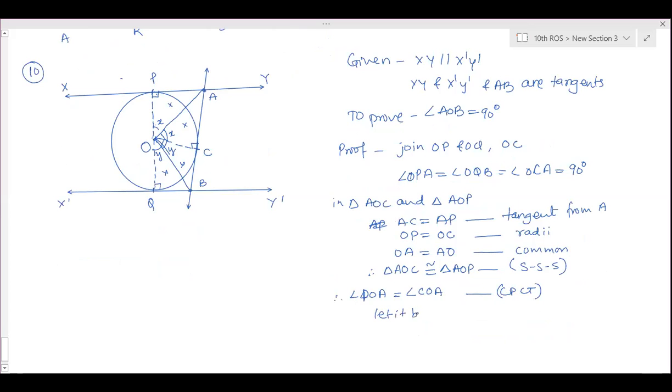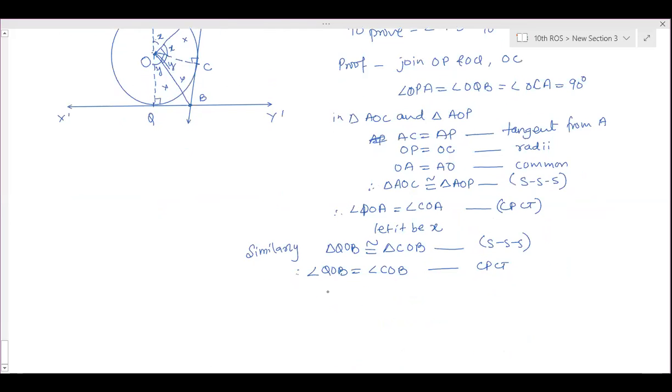Let it be x. Similarly, no need to prove congruency again. Triangle QOB is congruent to triangle COB by SSS. Therefore, angle QOB is equal to angle COB by CPCT. Let it be y.